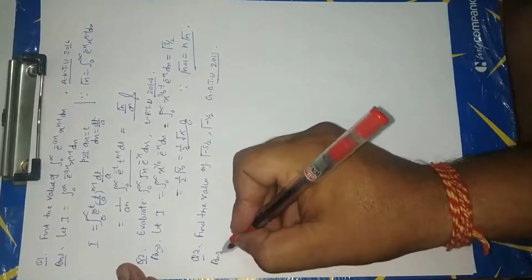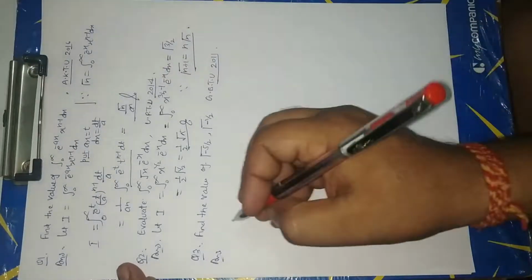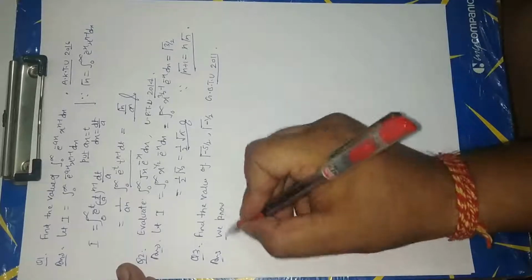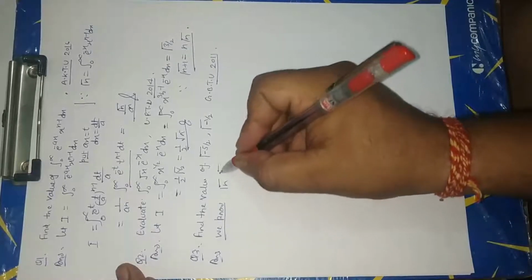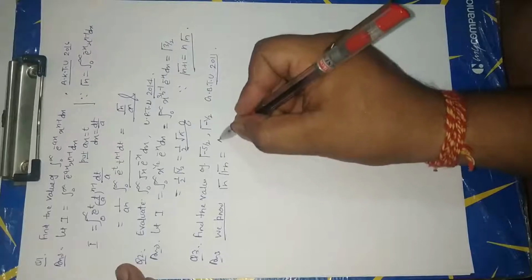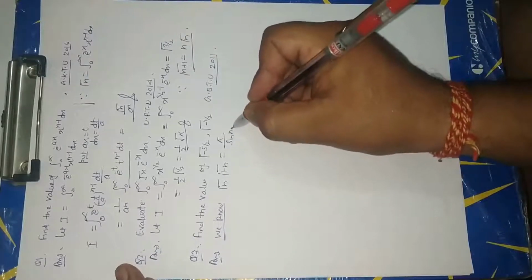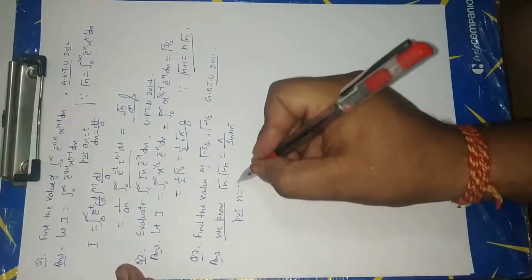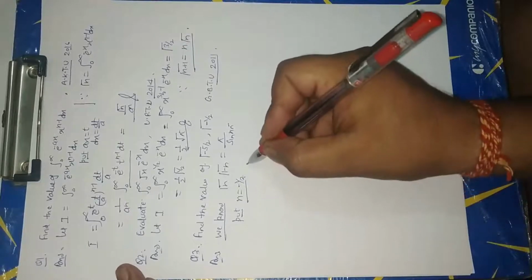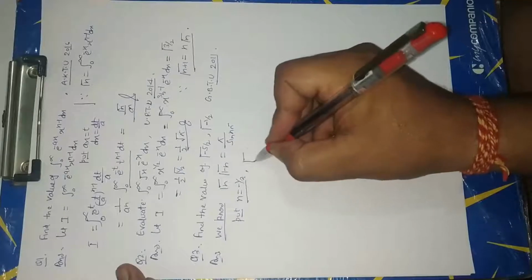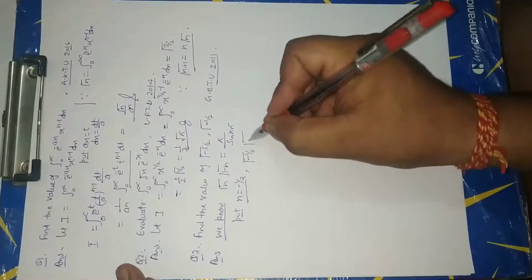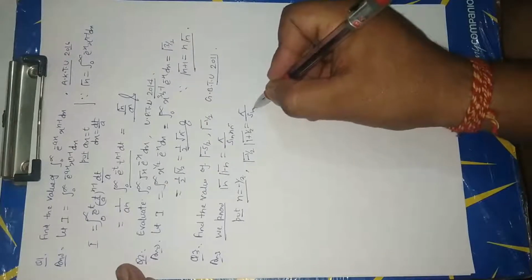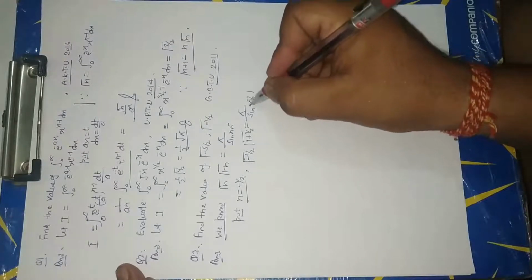Now answer. We know that gamma n, gamma 1 minus n is equal to pi upon sin n pi. Now put n equal to minus half in the above expression: gamma minus half, gamma 1 plus half, this is equal to pi upon sin minus pi by 2.